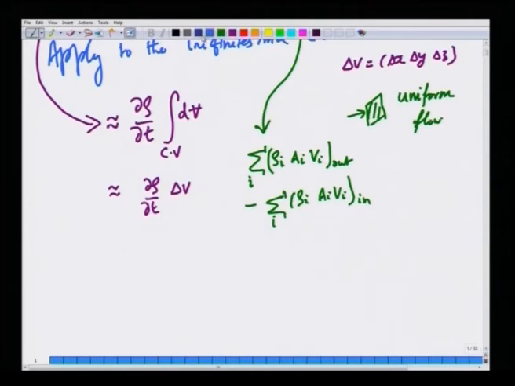Now, we have a CV like this, a simple cubic CV, and x, y, z.